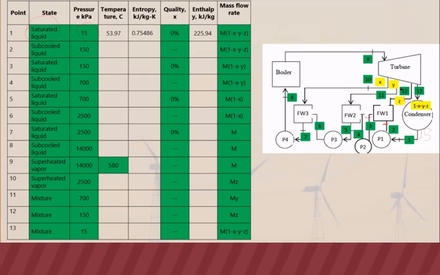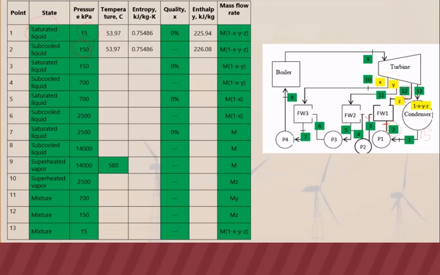And since the pressure at point 12 is 150, the pressure at point 2 is also 150. For them to mix, it has to be the same pressure. Again, open feed water heater includes mixing. That's why it's 150. And since process 1 to 2 is isentropic, they have the same entropy as point 1. And since we have two known properties, we can get the remaining properties using the software.